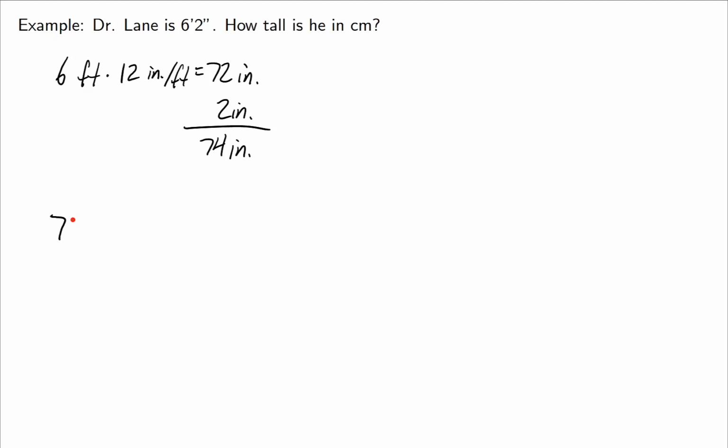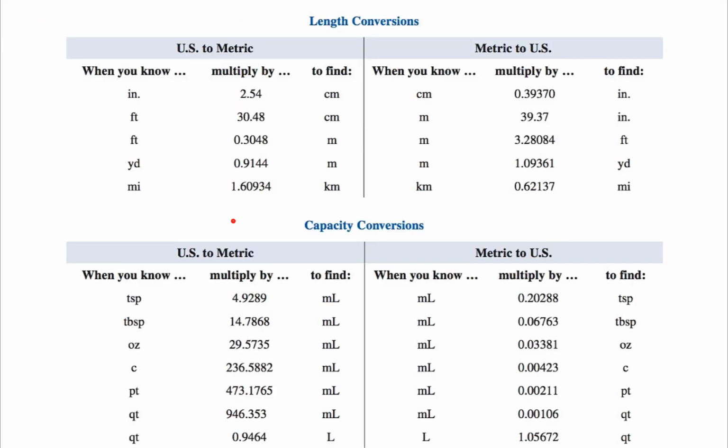Now I want to convert that to centimeters. 74 inches, and I need to get the multiplier out of the table. Remember, we're going from inches to centimeters. That's the very first entry in the chart. To do that, we'll multiply by 2.54, which is actually defined as an exact value.